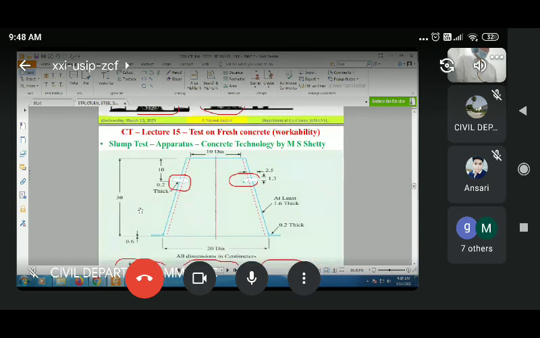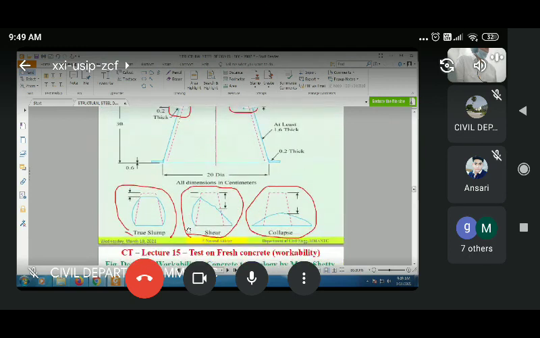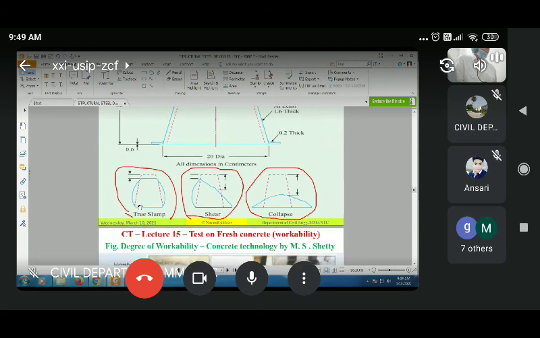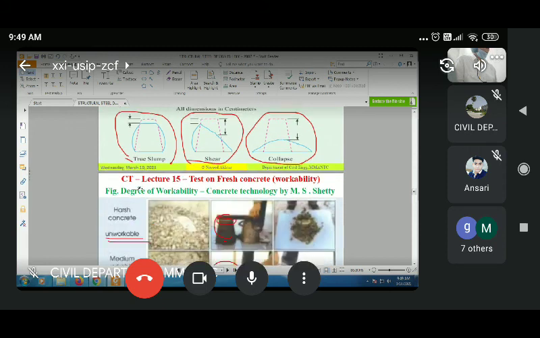These are the dimensions of your slump cone. After that you can measure the slump. It may be true, shear or collapse based on the degree of workability and the type of your concrete.